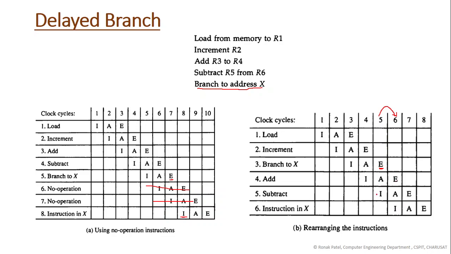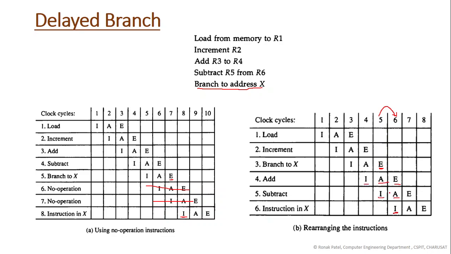So it will not affect this, and now you can easily execute the next instruction. Now you can see here in 8 cycles we can easily complete the execution, where before we required 10, right? We just need to rearrange, and this task is done by your compiler, right?